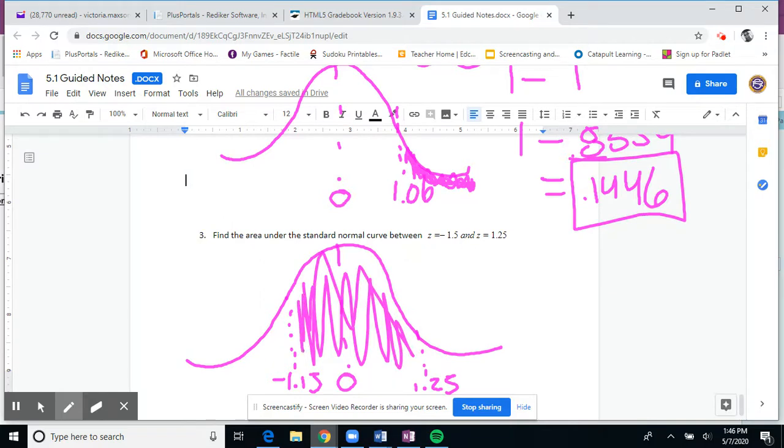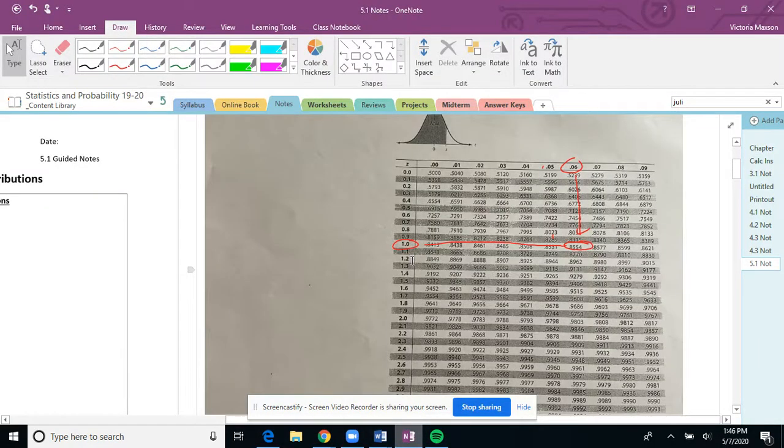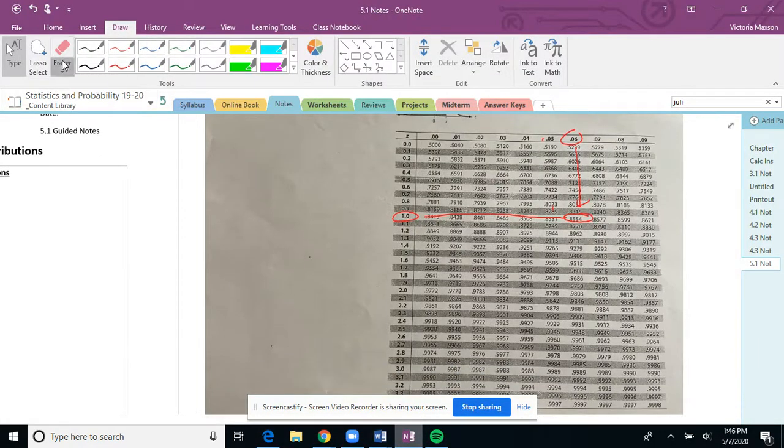So we're going to have to subtract the 1.25 value from whatever we get here. So for z equals 1.25, the table value: we want 1.2, and then 5, 0.8944.